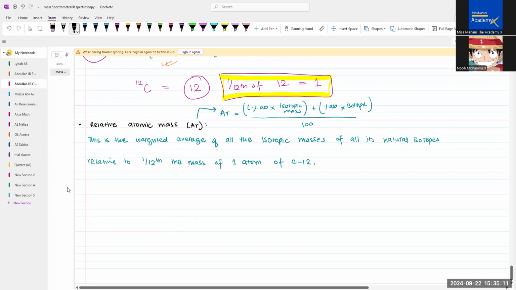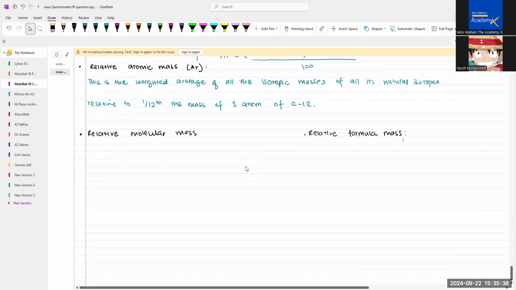Then we have relative molecular mass. Now these last two definitions that I'm giving, relative molecular mass and relative formula mass, cannot be used interchangeably. Why? Let me tell you. Both of these are basically the sum of all the masses of each atom in a molecule.